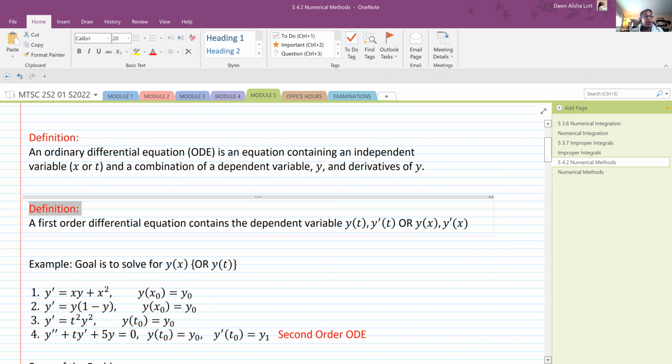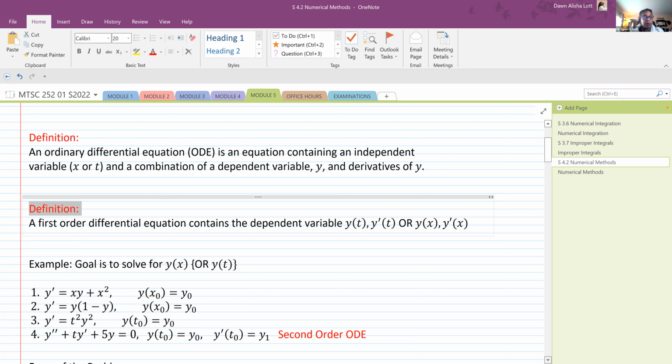And then they tell you that at some initial value x naught, y at x naught is equal to y naught. That gives us a distinct solution to the differential equation. The next example is y prime is equal to y times 1 minus y.